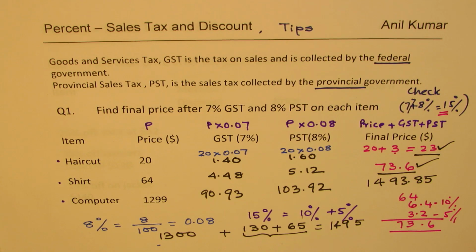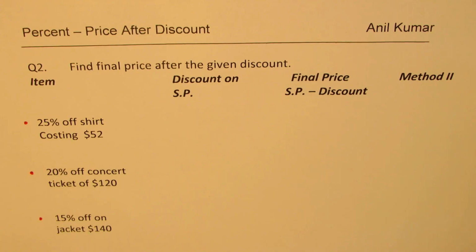Now I'd like you to watch the other videos in this playlist where we'll talk about discount and tips. We'll talk about calculating price after discount for different kinds of items. For easy calculations, we have taken numbers which can be worked without calculator also.